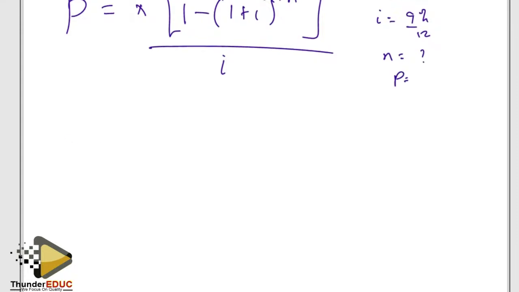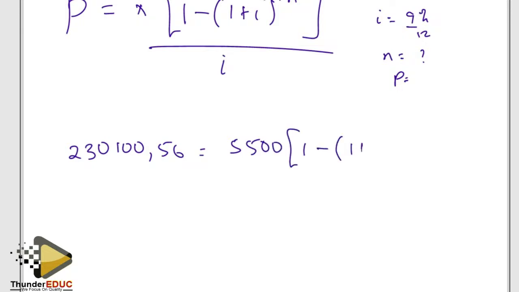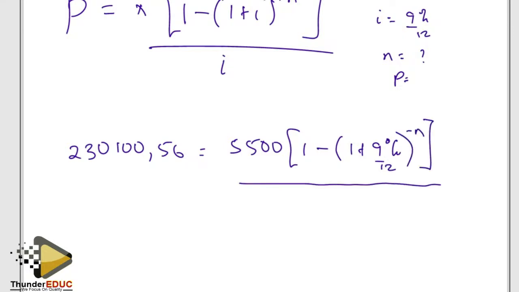So that's going to be 230,100,56 is equal to 55 into 1 minus 1 plus 9% over 12 to the negative n. I'm going to just use negative n because I don't want the number of years. I want the number of payments in months.